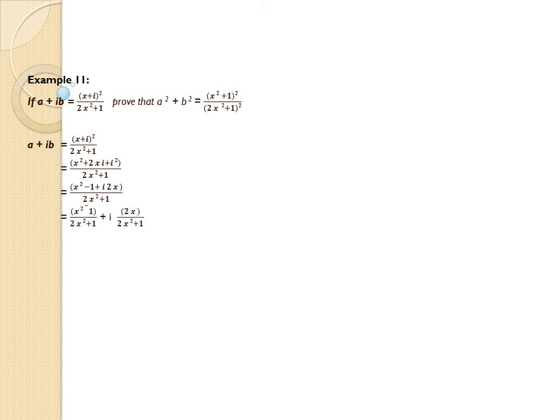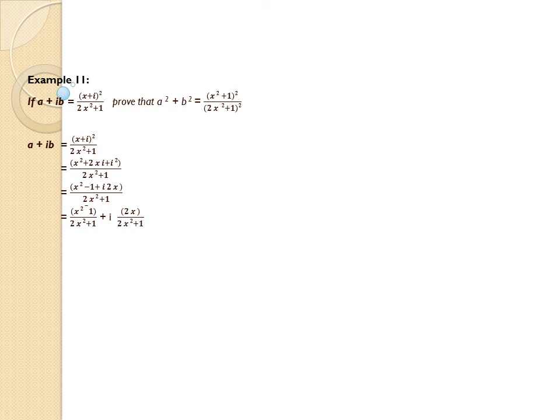From here I will put the real and imaginary parts separately. So the real part is x square minus 1 divided by 2x square plus 1, and the imaginary part is i of 2x divided by 2x square plus 1. You can see in the first portion the minus sign is a little bit higher, because it is a PowerPoint problem.